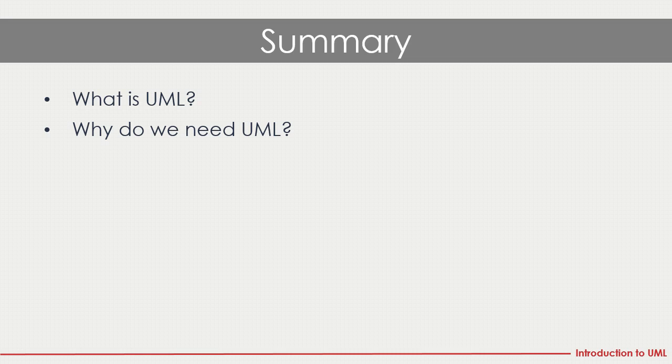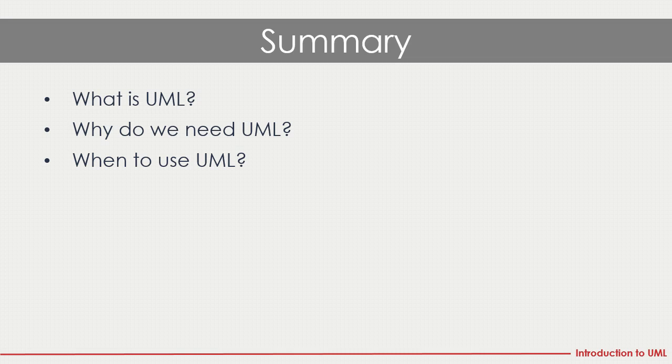Yes, let's wrap up what we have talked about in this lecture. We talked about what UML, the Unified Modeling Language, is, and also covered some brief history of UML. You saw it has a long history and was also adopted by ISO. We talked about why we need UML for the purpose of communication between software engineers and between different disciplines.